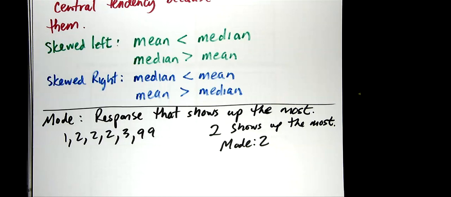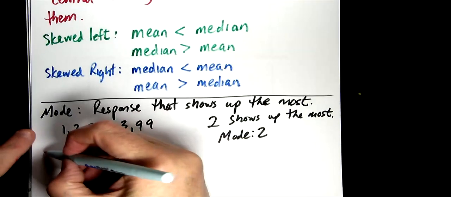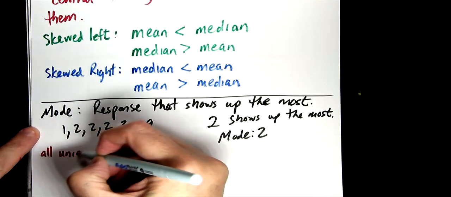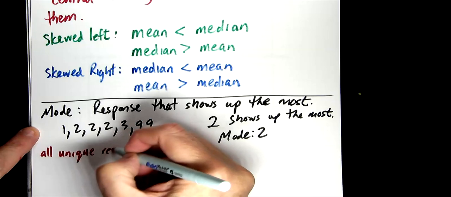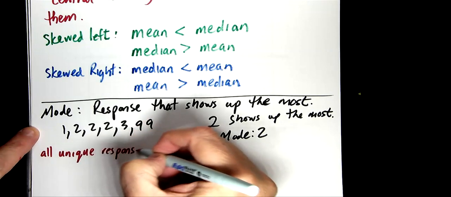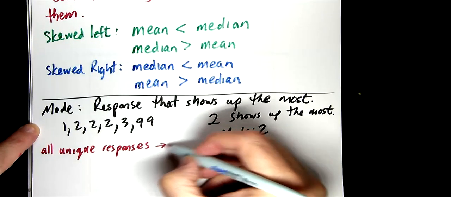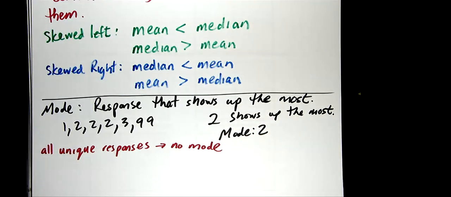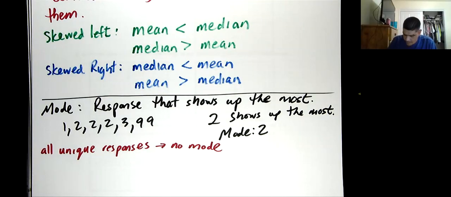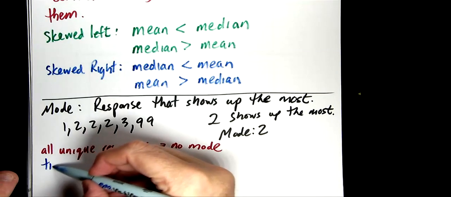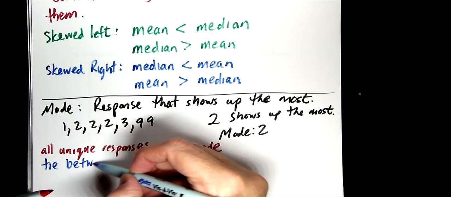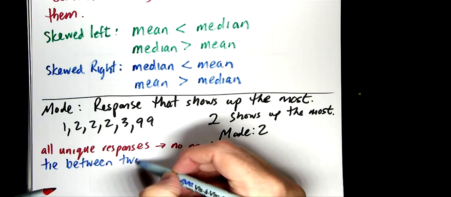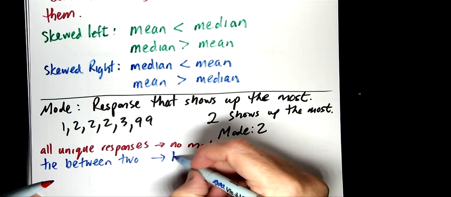If they are all unique responses, like every answer is different, there is no mode. If we have a tie between 2, they call it bimodal.